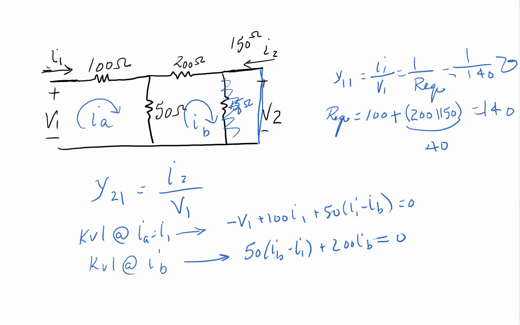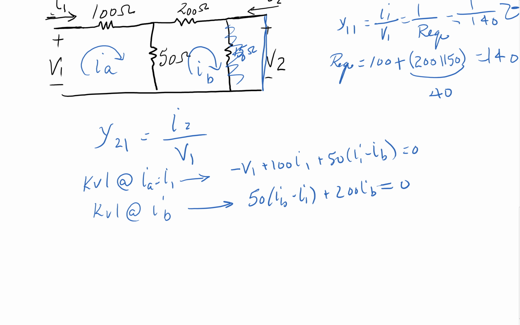So if that's the case, from this equation we know that IB is really minus I2, just the opposite direction, minus I2.